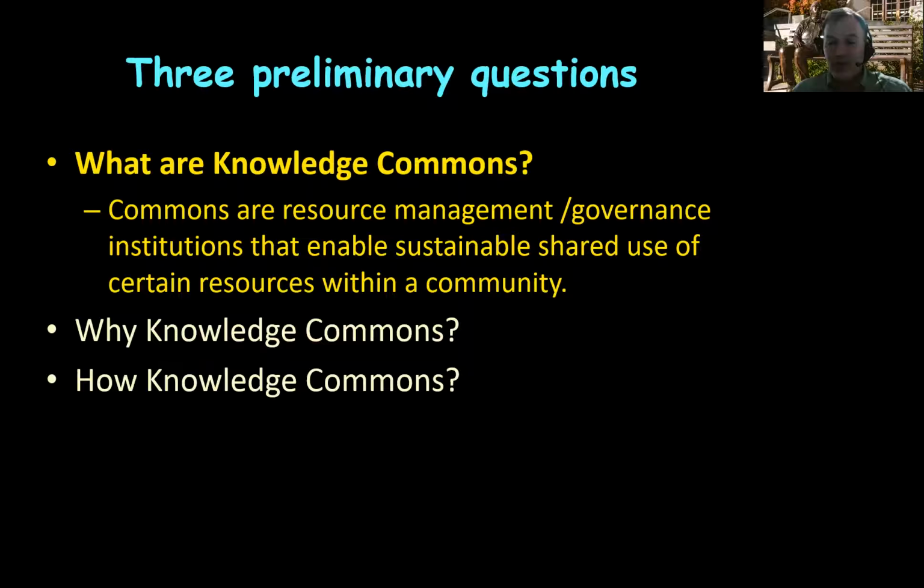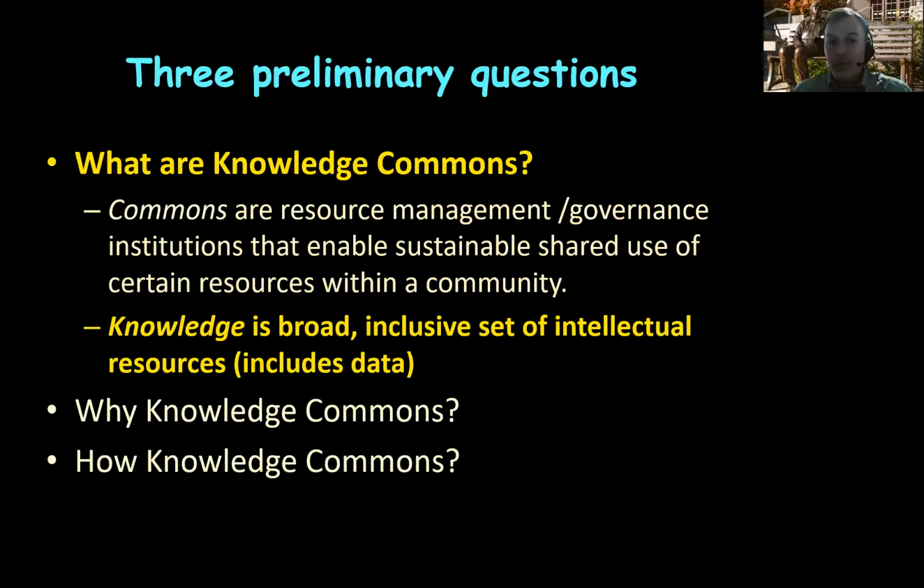So the basic characteristic that distinguishes commons from non-commons is the institutionalized sharing of resources among members of a community. And governance of and by the community is critical. It can apply to a wide range of different resources, from natural resources of the sort that Ostrom and many of her colleagues studied to knowledge resources.